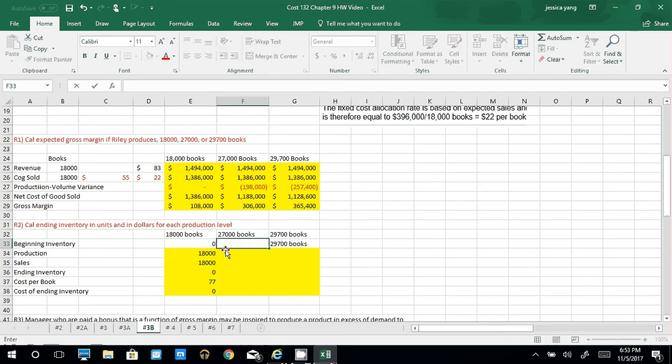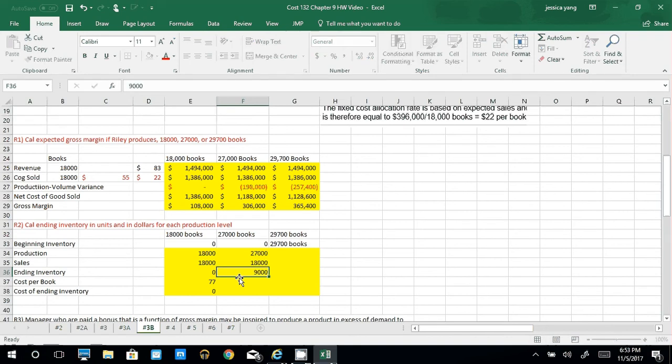Now for my beginning inventory for the 27,000 books, there was nothing. There was 0. And my production was 27,000 books. And I only sold 18,000 of them, which is a difference of 9,000.